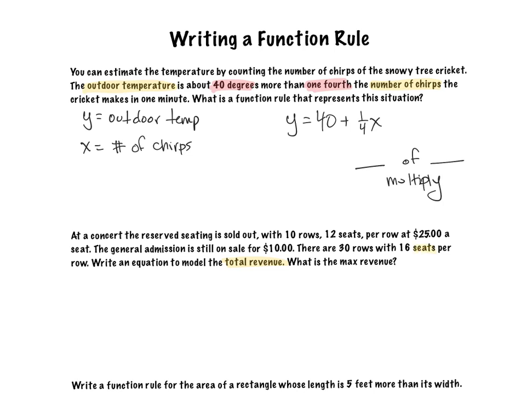So I'm just going to highlight seats just so I have it there. It's not really spelled out for me. So y equals, remember that's what's dependent, so that's going to be the total. And x is equal to the number of seats.